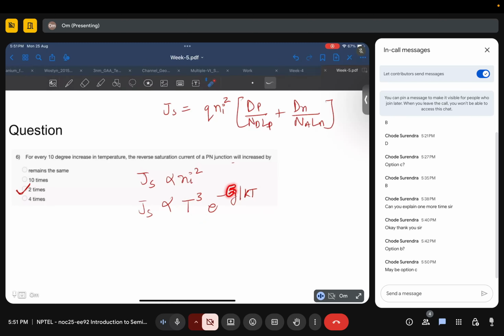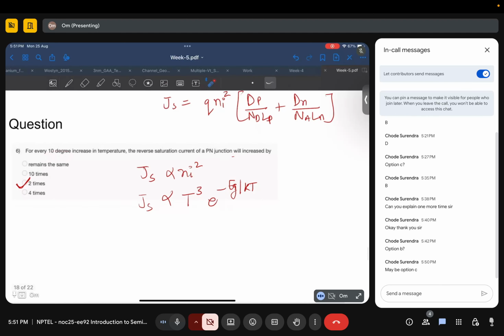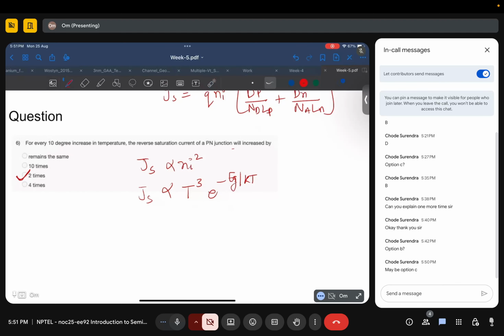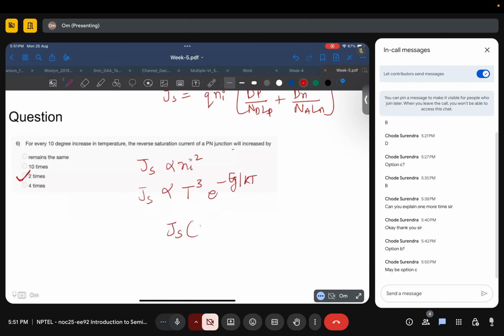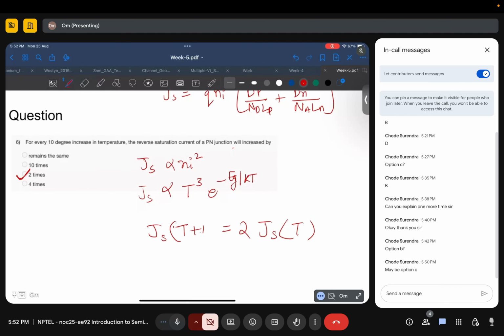But even if we assume, let's say, Eg remains constant for a small change in temperature of 10 degrees, then due to this exponential dependence on temperature and then this cubic relation, it comes out that JS at T plus 10 is always 2 times JS at T. That means for every 10-degree rise, the current doubles.